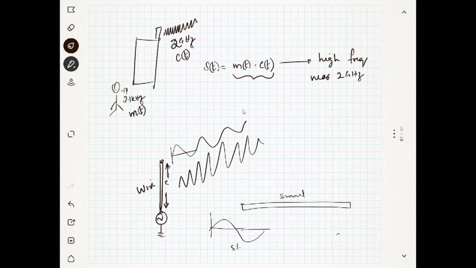If this is 10 volts, it will be 10 volts everywhere, right? That means every point will have the same voltage, the same wire. But what will happen if you take a large piece?